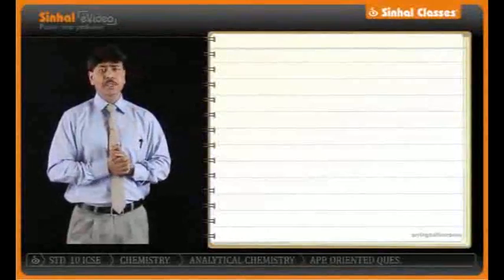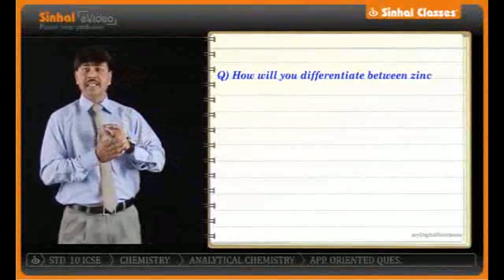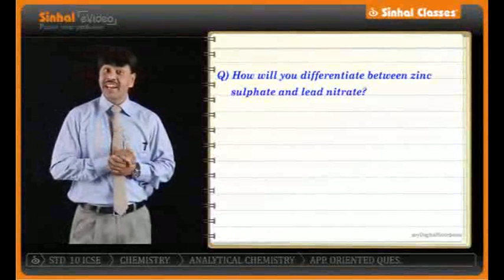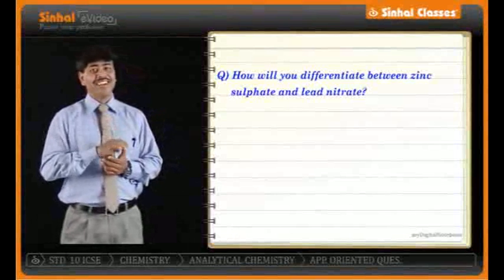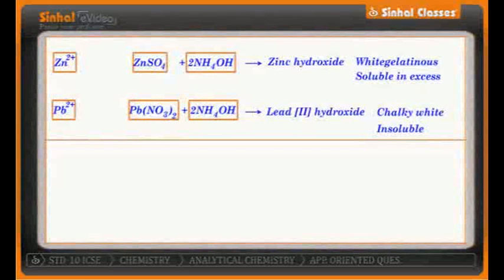In a similar manner, they can ask you, how will you differentiate between zinc sulfate and lead nitrate? Again, you can use ammonium hydroxide. When you put ammonium hydroxide in zinc sulfate, you get a white gelatinous precipitate which will be soluble in excess of ammonium hydroxide.